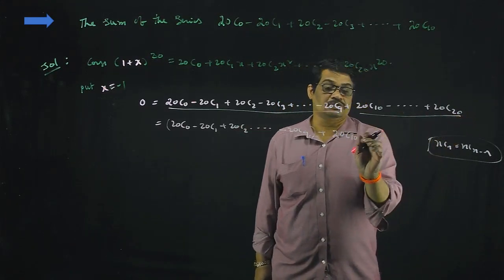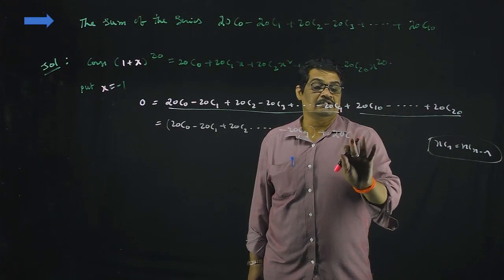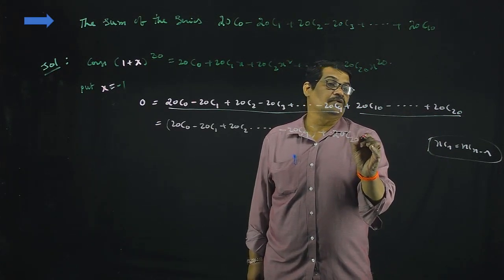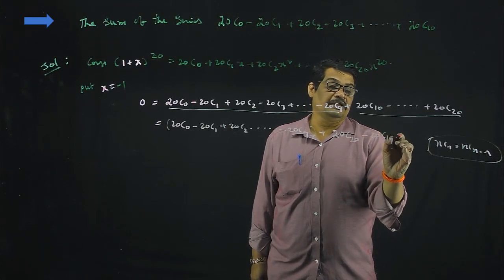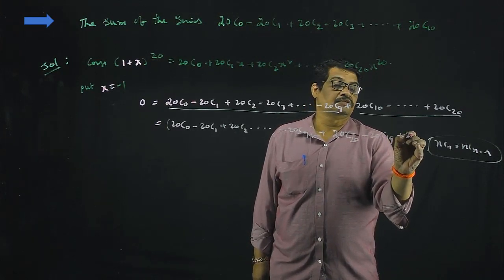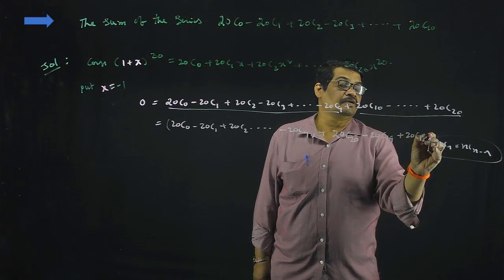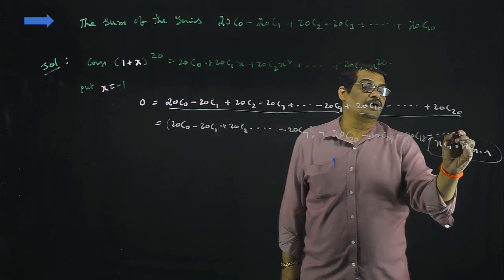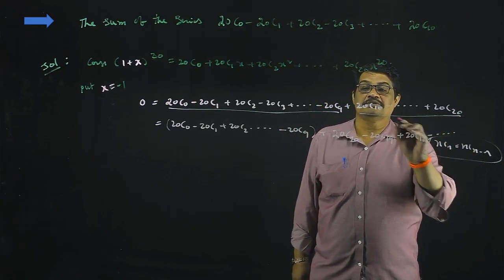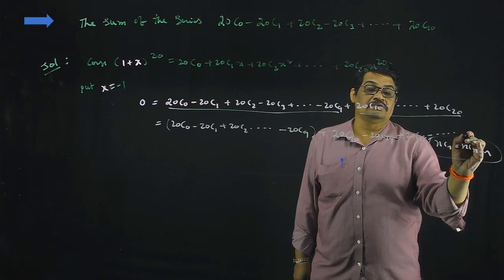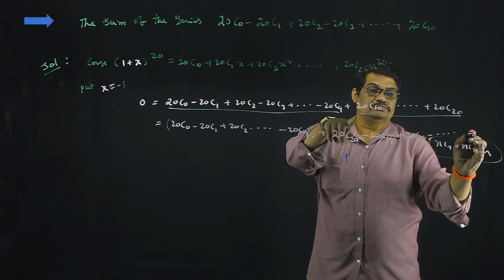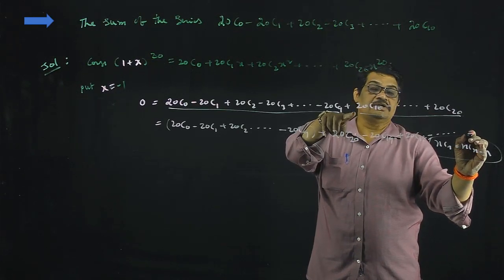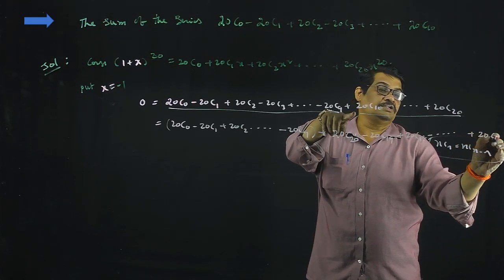So from last to this one, this is 20C20 minus 20C19 plus 20C18 minus and so on, up to 20C10.